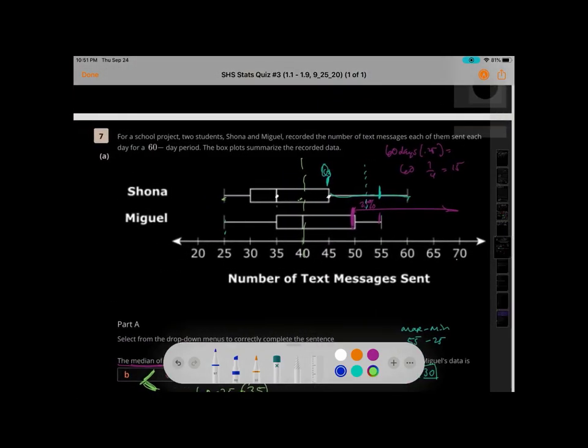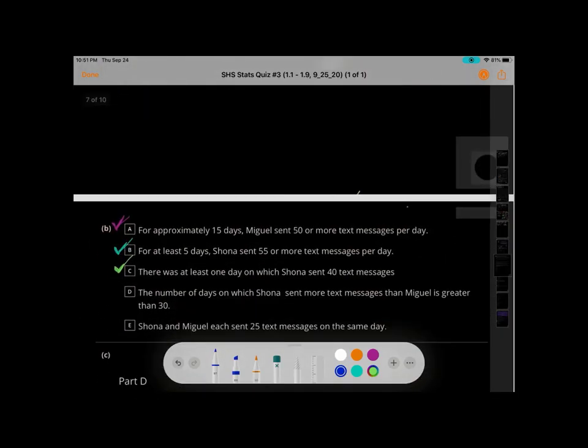Okay, so what they're doing here is they're trying to figure out, is this going to represent, this is more days, right? How many days does that represent there? And let's double check.